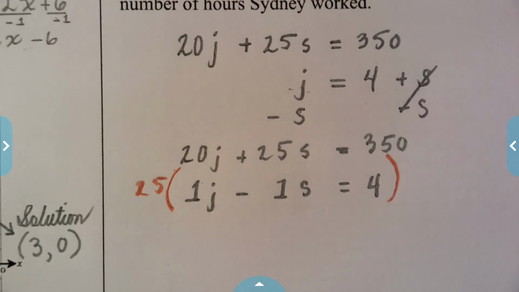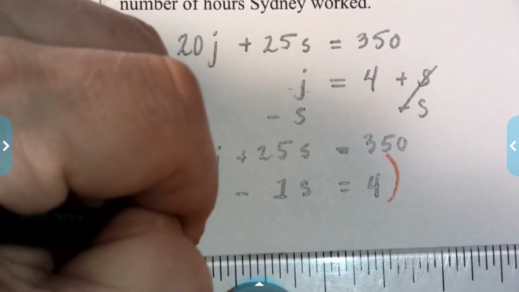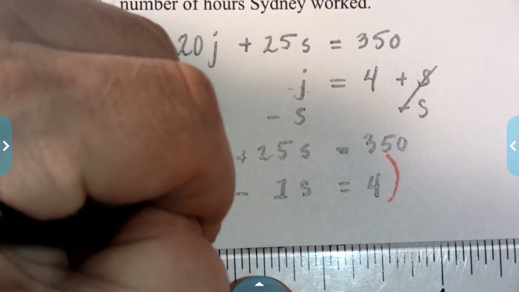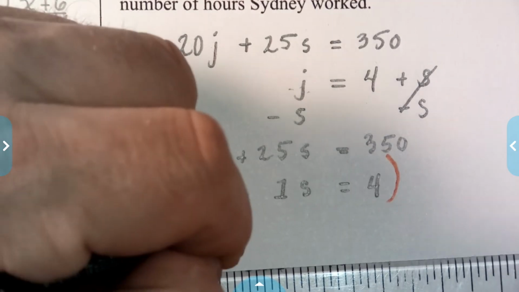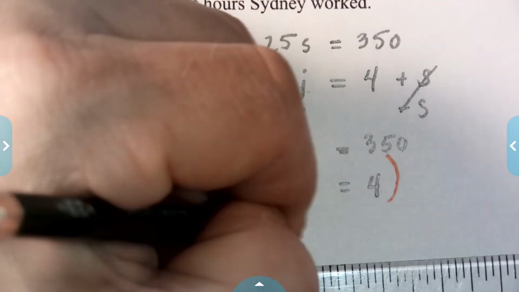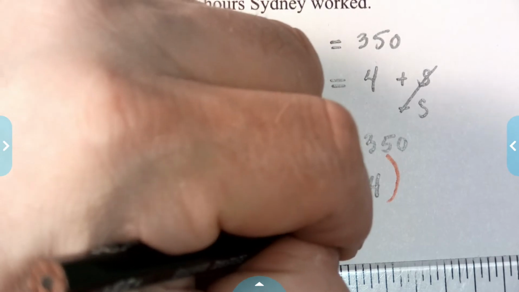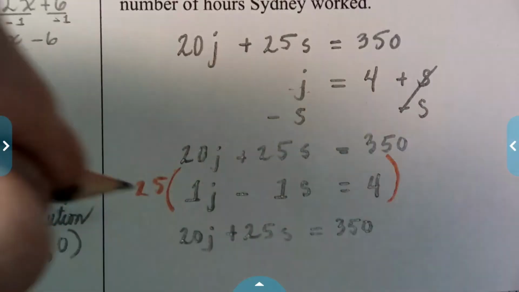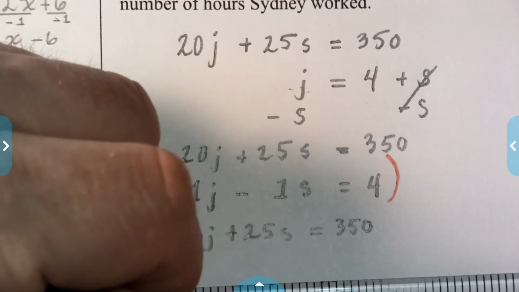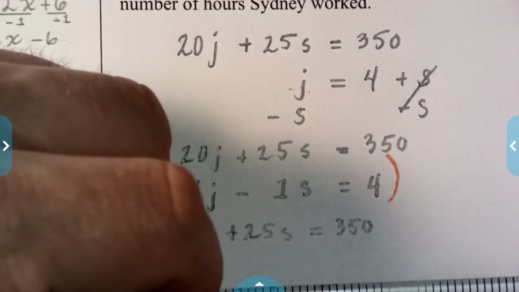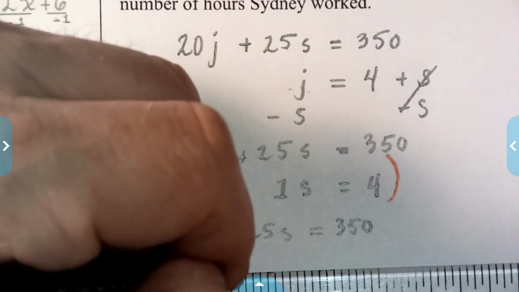Okay, so I'll have 20j plus 25s equals 350. And then on the bottom, I'll have 25j minus 25s equals 100.